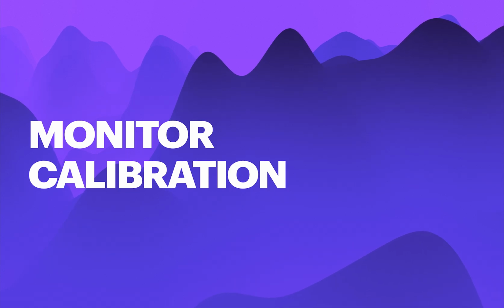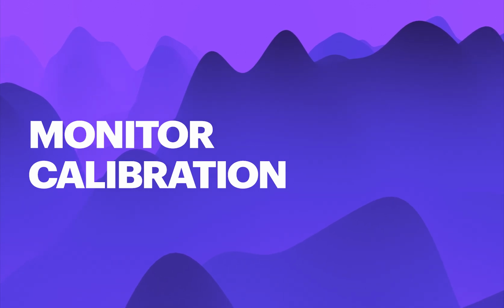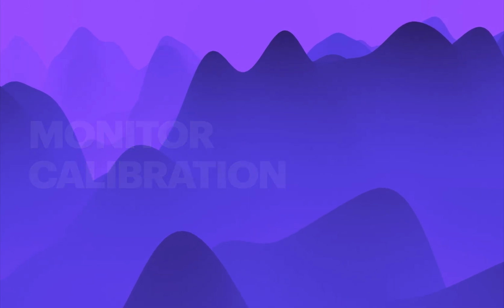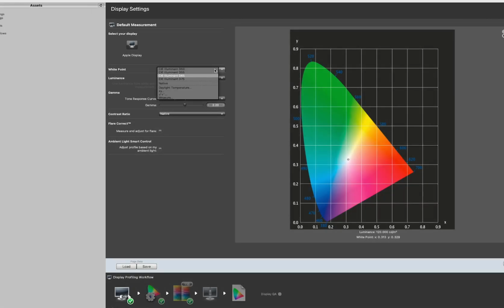Now that we understand how color management works and have chosen the appropriate color settings for our digital workflow, the next critical step is to ensure accurate color representation by calibrating and profiling our monitor.